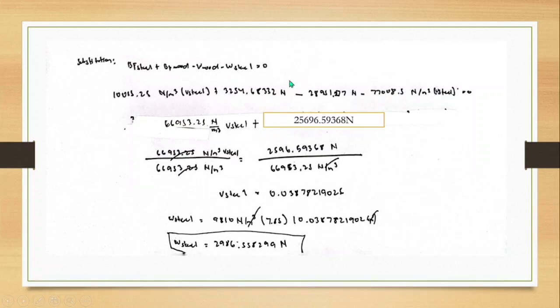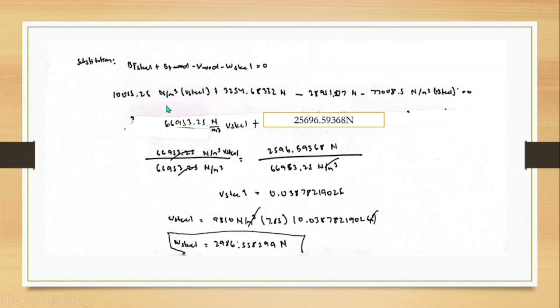For our answer on buoyancy steel, we input 10,015.25 Newton per meter cube, plus our V wood, the buoyancy wood, 3254.68332, minus our answer for W wood, 28951.272 Newton, then minus our answer for W steel, 77008.5 Newton per meter cube, equals 0.